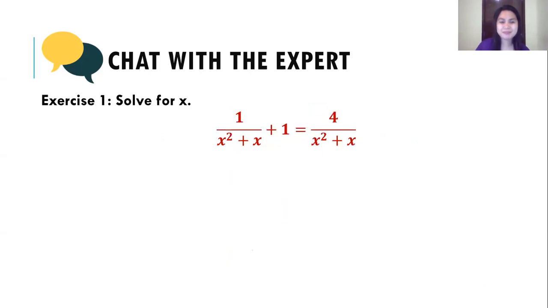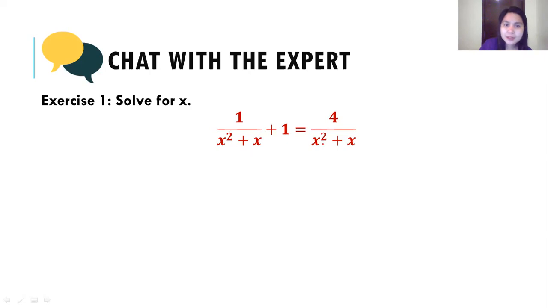Now the next one. Here, 1 over x squared plus x plus 1 equals 4 over x squared plus x. Now, what is the LCD? You check first the denominators.